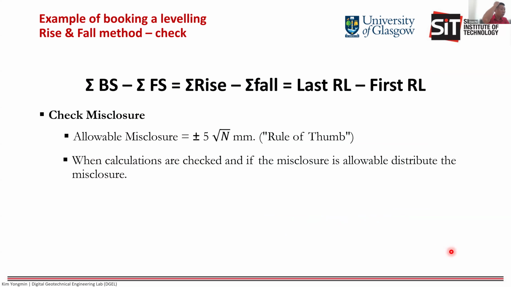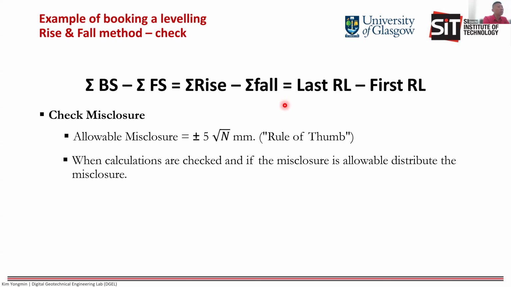So the rise and fall method helps you to check whether your calculation is correct or not. There is a formula you should always remember: the sum of your backsight readings minus the sum of your foresight readings always equals the sum of the rise minus the sum of the fall.